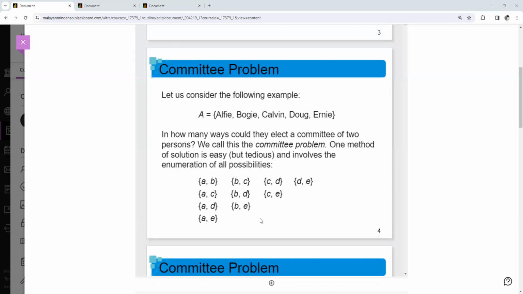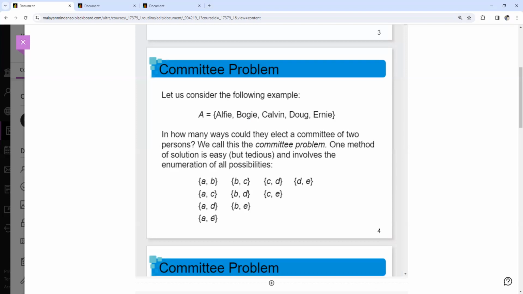In fact, if you remember, there is a similar problem involving the same group of people. The answer for that permutation problem is 20 ways of selecting a president and a secretary. But for selecting a 2-person committee, all you have is 10 ways to do that.